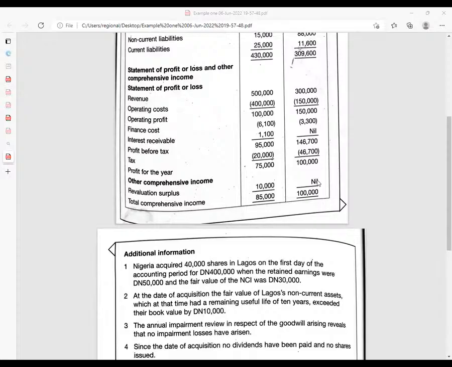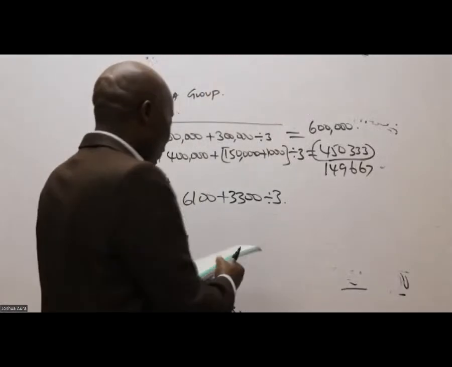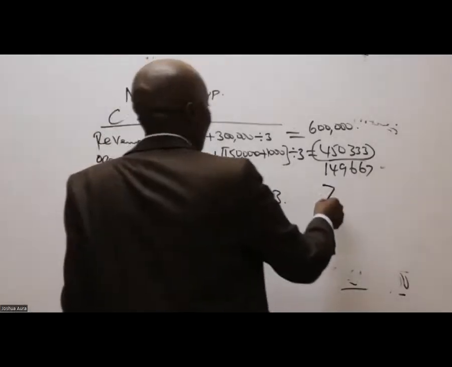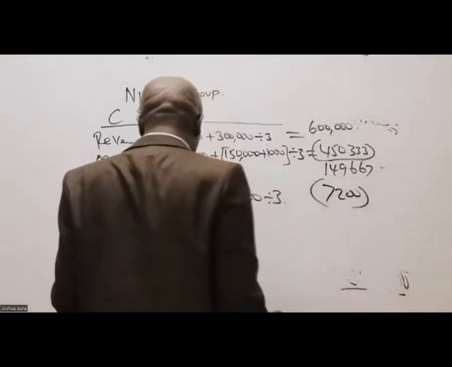But you see, this 3,300 has to be translated, so divided by the average rate, which is 3. So could you kindly give me this finance cost figure? What do we have there? 7,200. I'm supposed to deduct that.